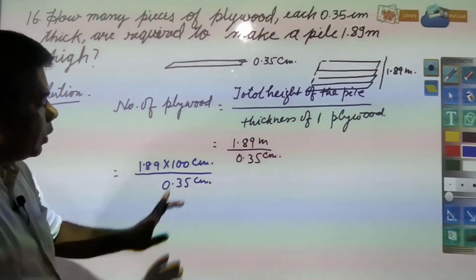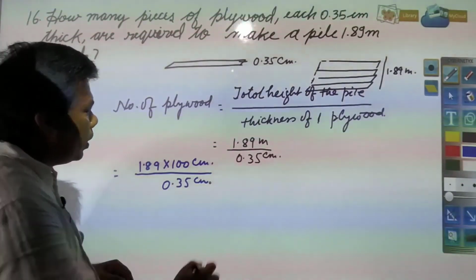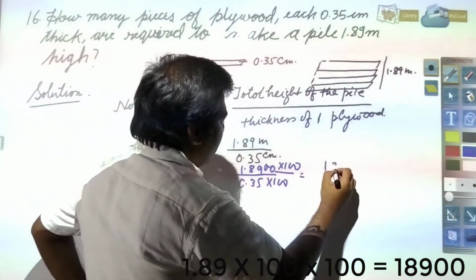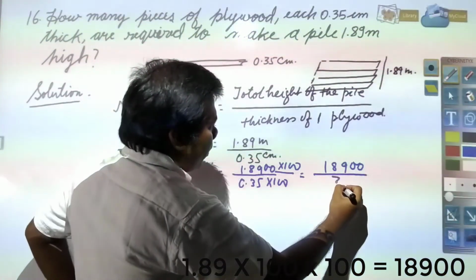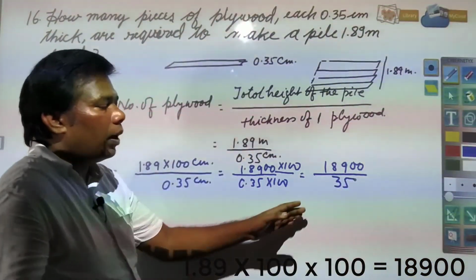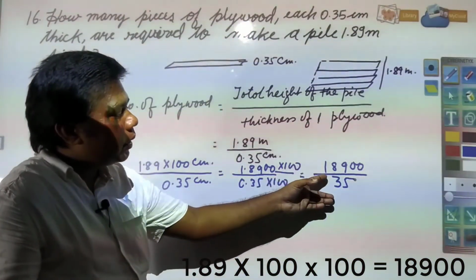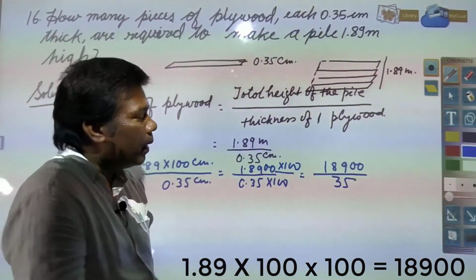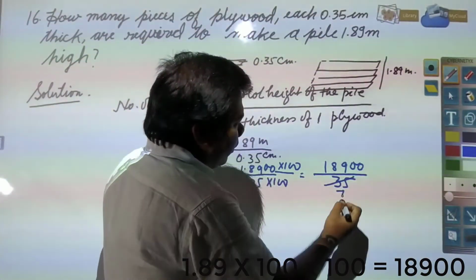Now in centimeter you have converted. This is required to be converted into whole number. So it will become 18900 divided by 35. Now this is required to be divided, or even if you want to cancel, it can be cancelled also.